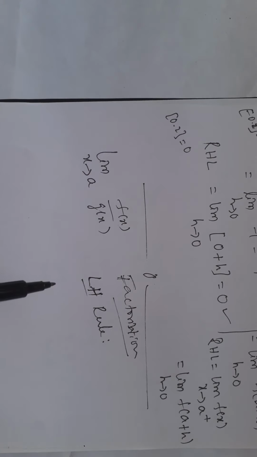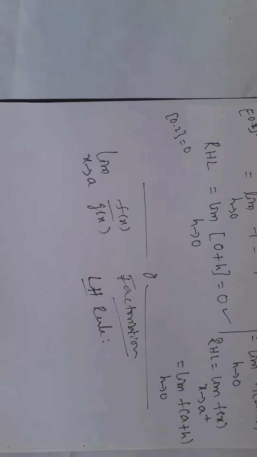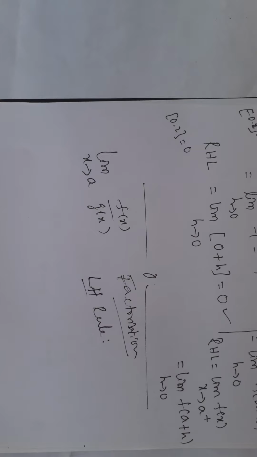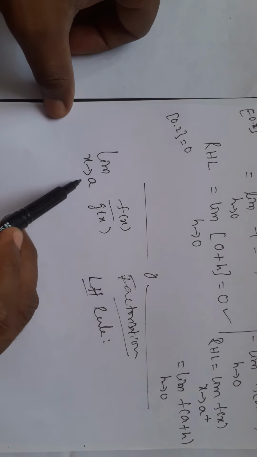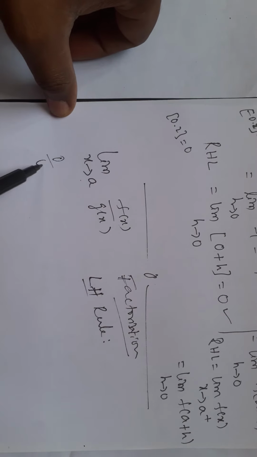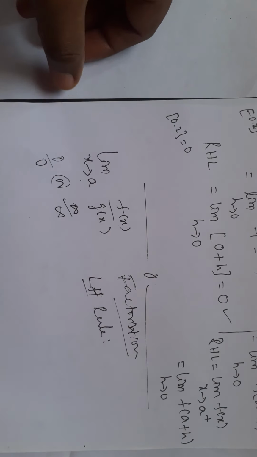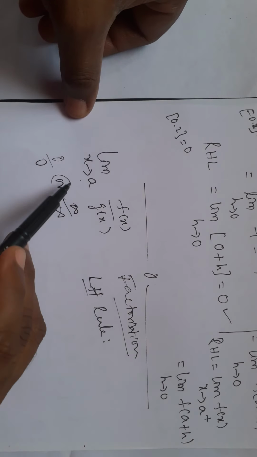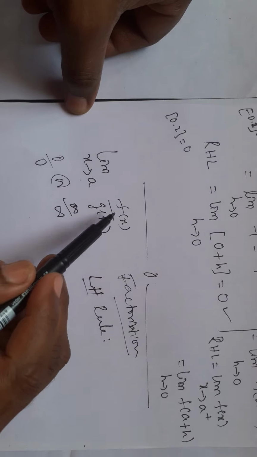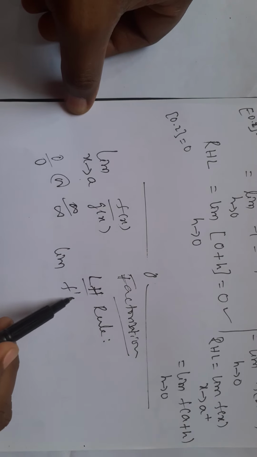In some cases the LH rule cannot be used, therefore we can think of factorization. Okay. You know, the LH rule, L'Hopital rule, means for a function limit f of x by g of x as x tends to a, if it is in the form of 0 by 0 or infinity by infinity, then we can differentiate the numerator and denominator separately.